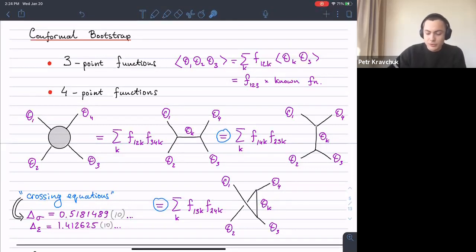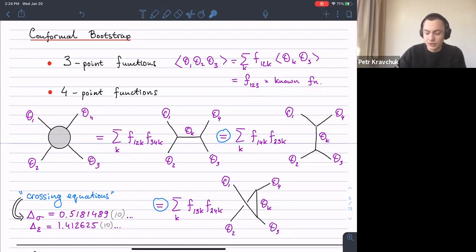And in 4-point functions, we can use several OPEs to compute them. So we can take the OPE between O1 and O2. We'll get an expansion, which will involve these coefficients f_12K. Then there are expansions in terms of 3-point functions, but we just found that they have a simple form.